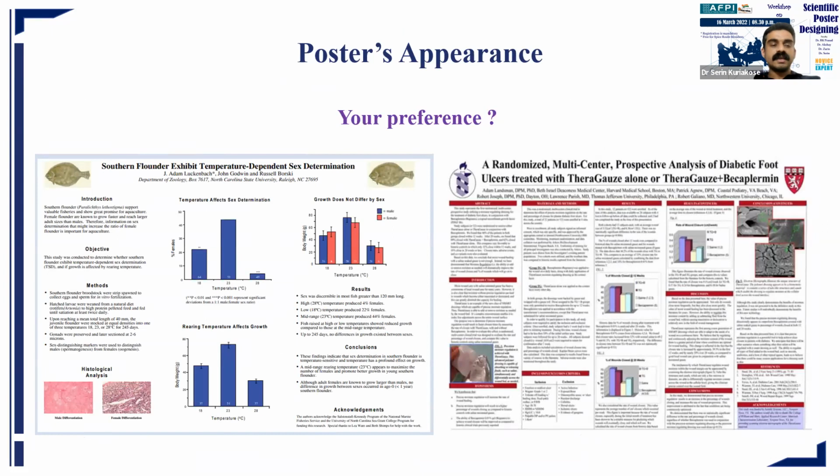Suppose I give some very attractive background, then the reader, or the judge, whoever comes to judge or reads your poster, will be focused on that particular background or some other particular image. Then that will be the positive space. So you have to keep that balance, the positive space and negative space. Here also we have that positive space and negative space, and it is very well balanced.